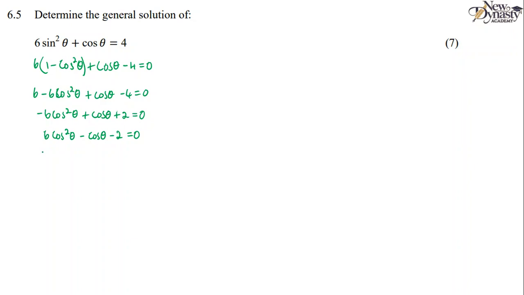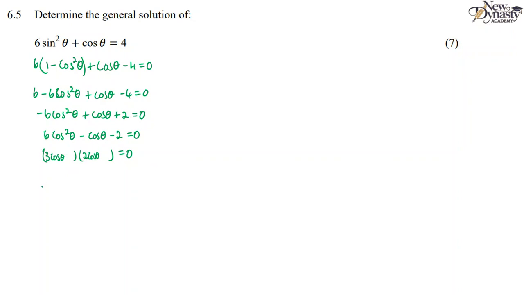Then from there we factorize. Factors of 6 are 3 and 2, so we can have 3 cos theta and 2 cos theta. And factors of 2 are 2 and 1, but the question is where do you put the 2 and where do you put the 1?